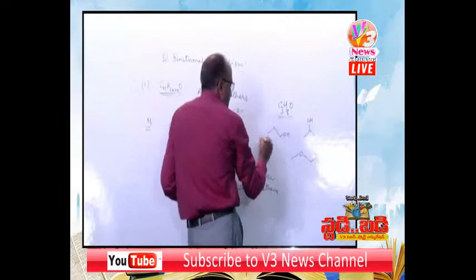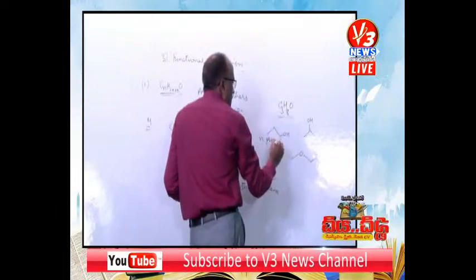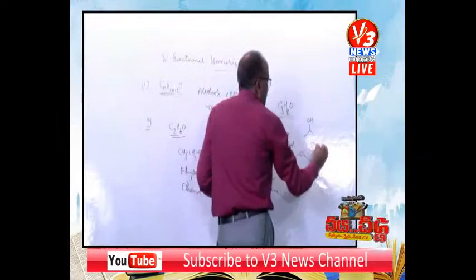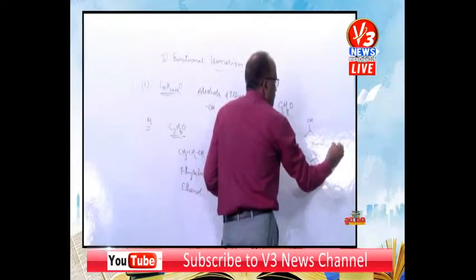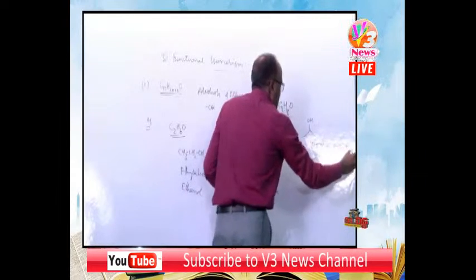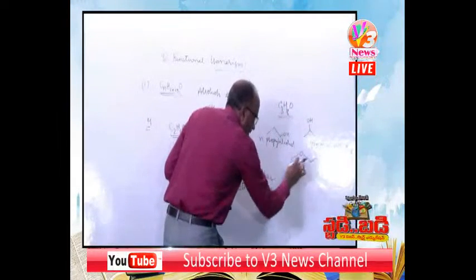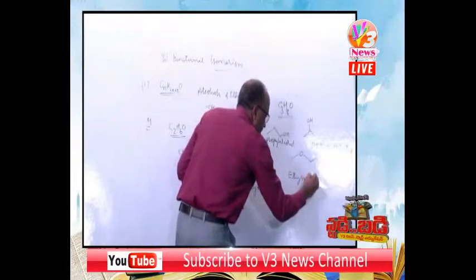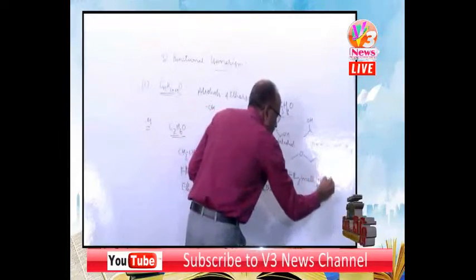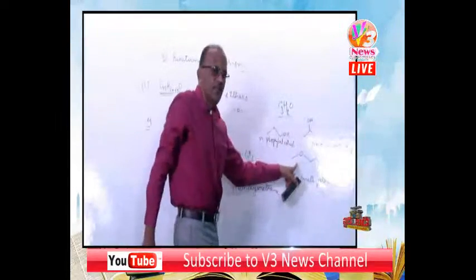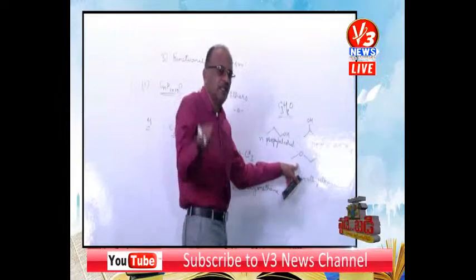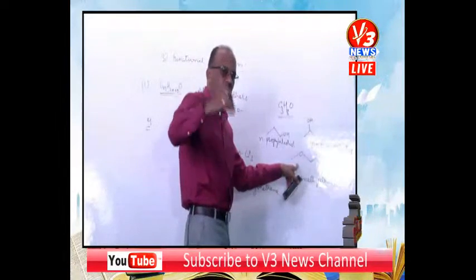So what is this alcohol? n-propyl alcohol. This alcohol, isopropyl alcohol. And this ether, this is ethyl group, this is a methyl group, ethyl methyl ether. And IUPAC name, the name of the alkyl group which has less number of carbons is taken as alkoxy.